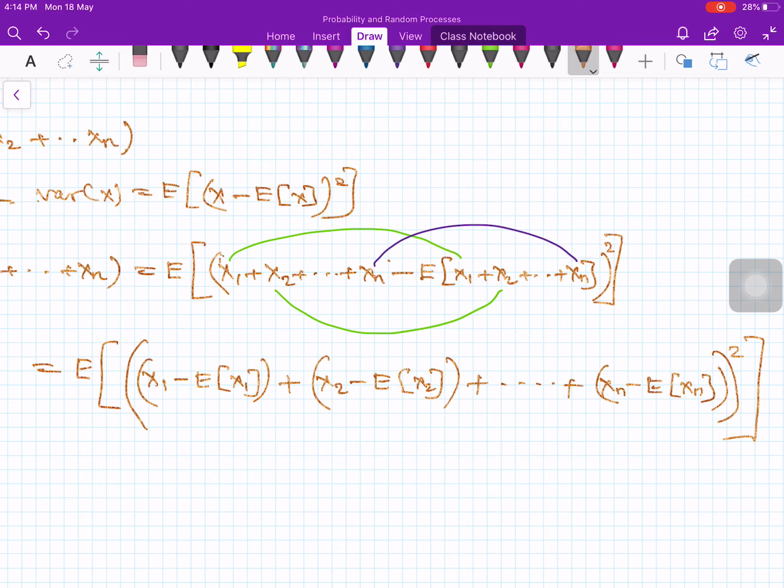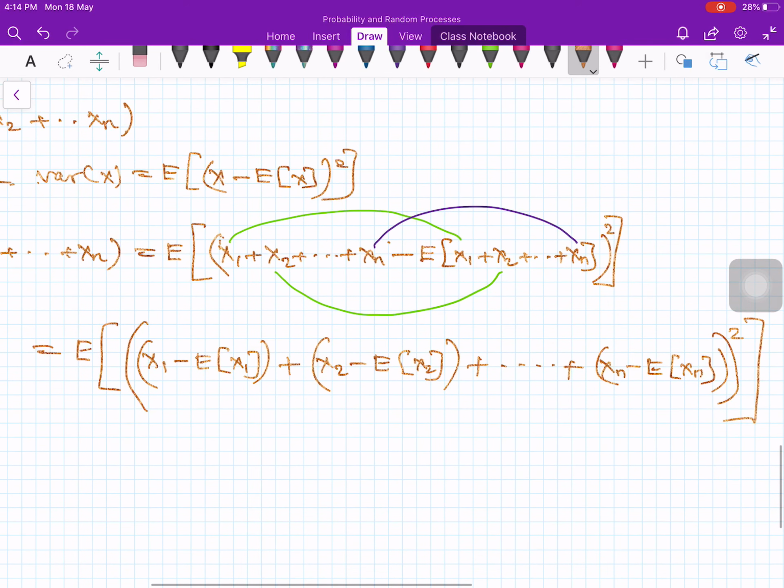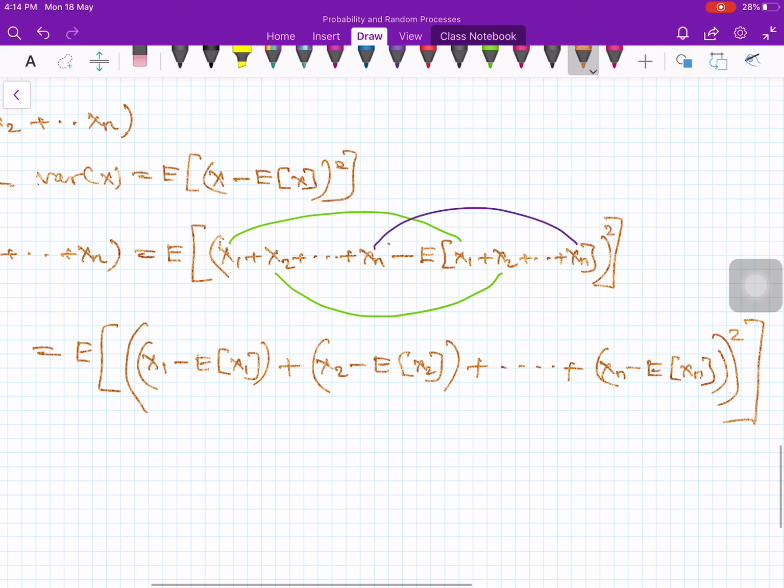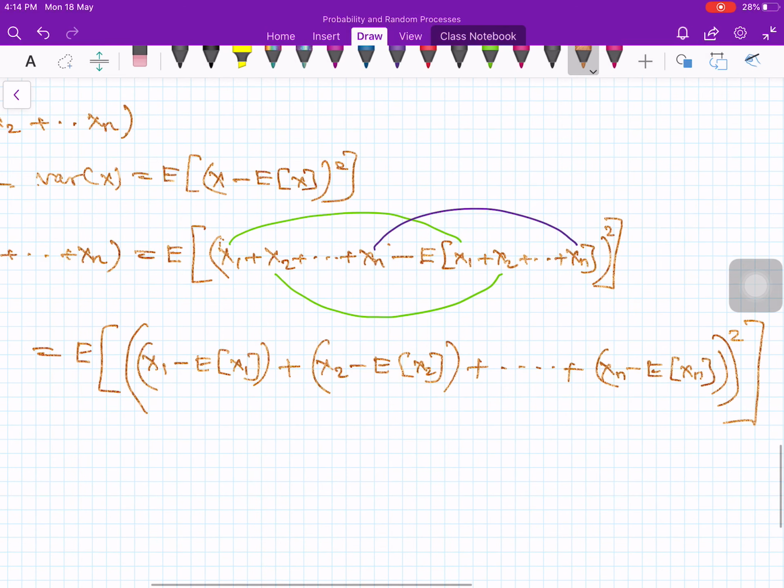So we rearrange the terms and write inside the expectation like this.